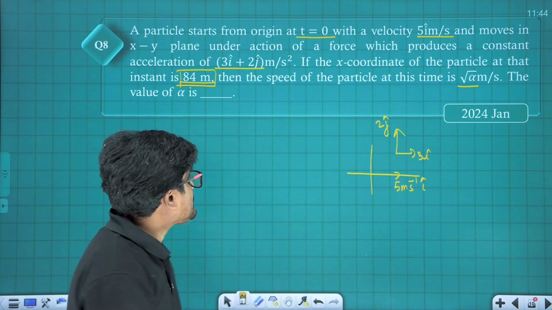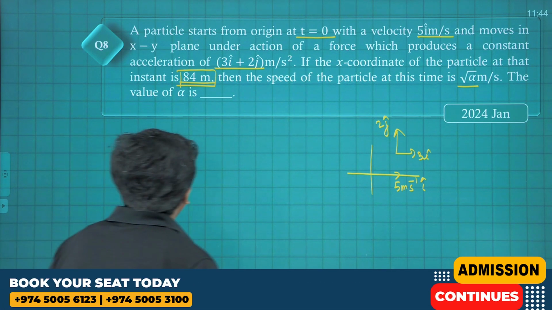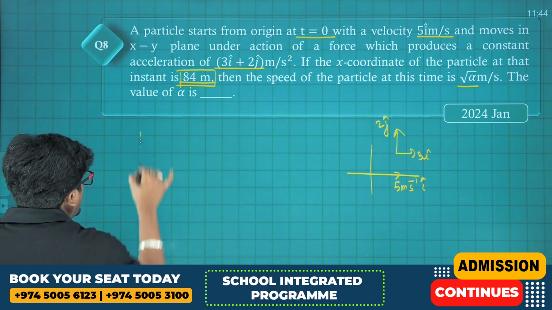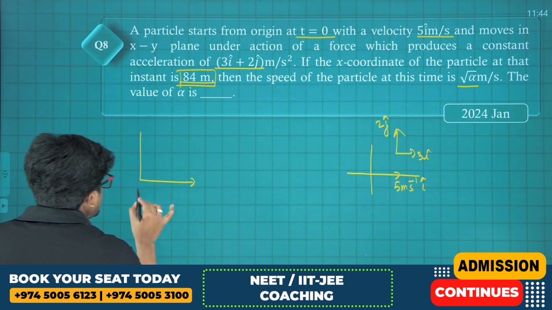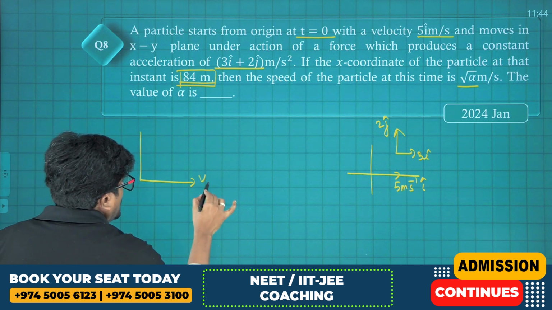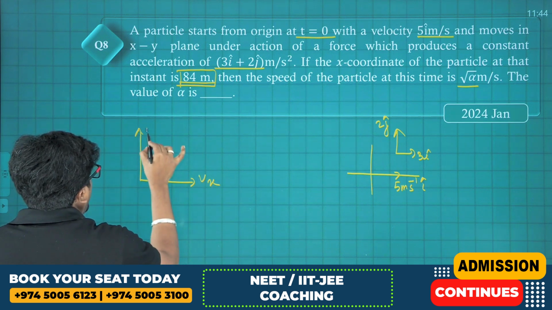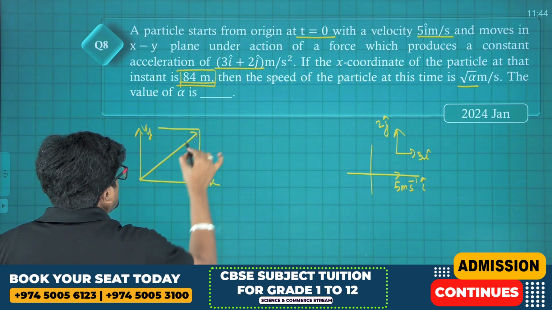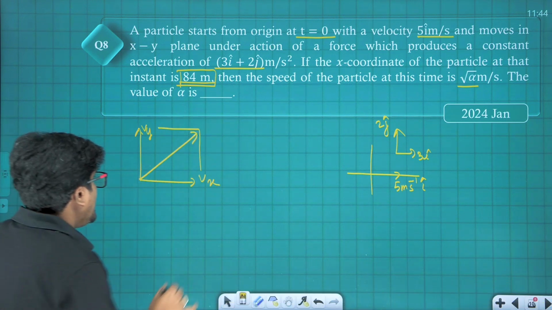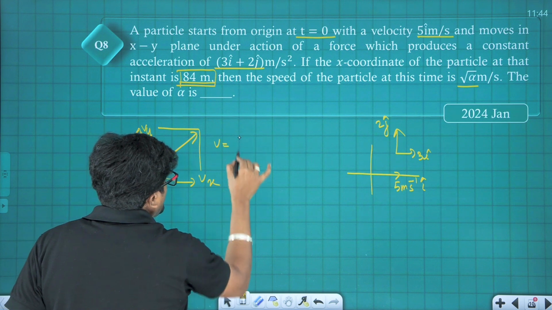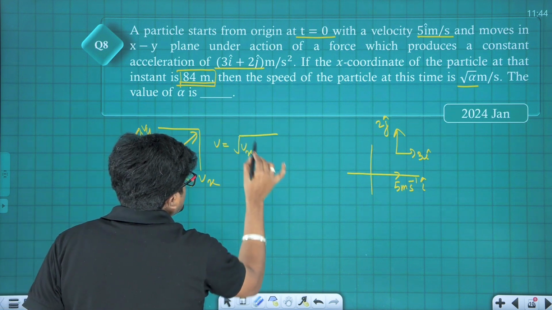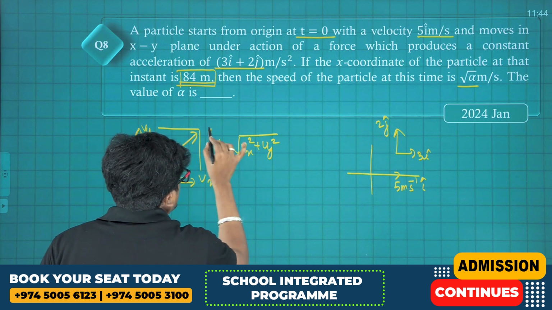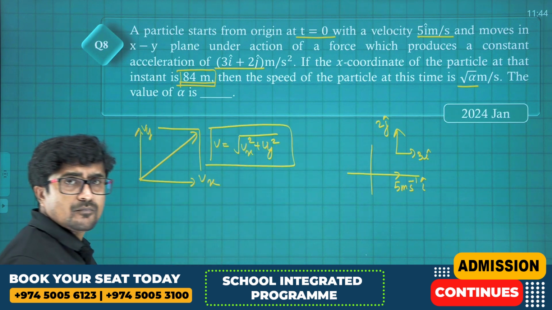That is the question. Okay. So of course, while considering the key concept, when the particle is at x equal to 84, it will be having a Vx and it will be having a Vy, and the magnitude of the speed V, that is going to be root of Vx square plus Vy square. That is going to be the speed.